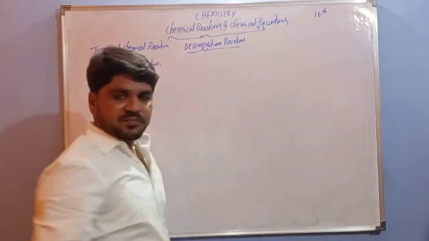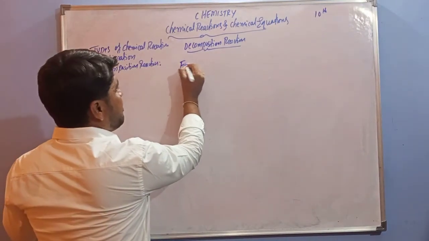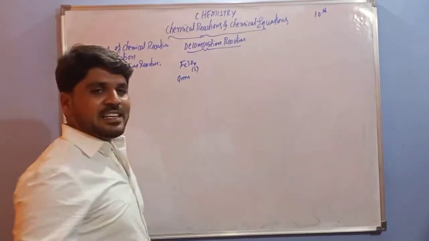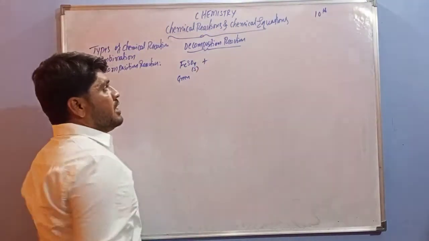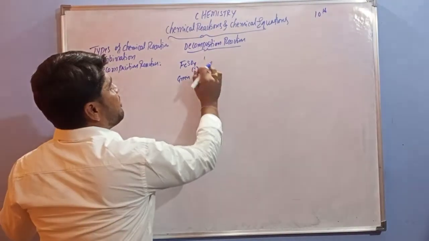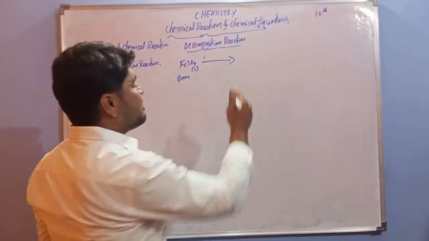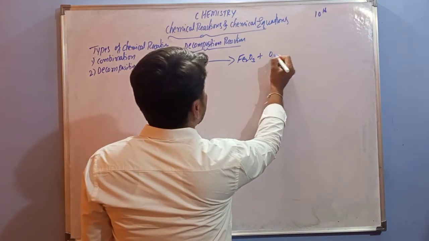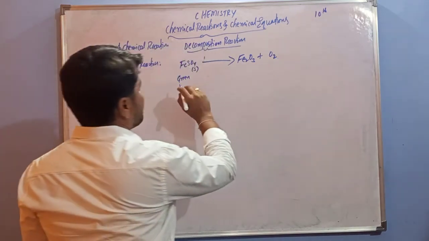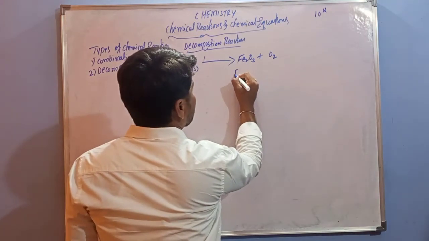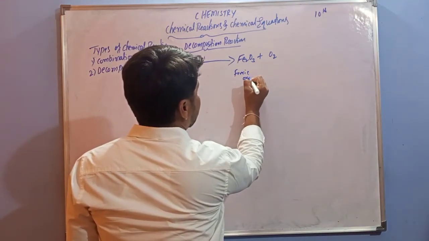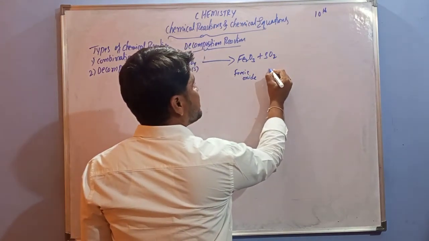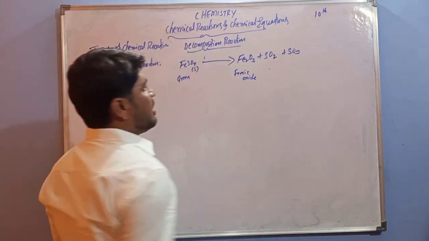So we have one activity. Take FeSO4, ferrous sulfate, which is in green colored crystals. Take it in a test tube and heat that test tube. This ferrous sulfate is decomposed into ferric oxide, Fe2O3, plus SO2, sulfur dioxide, and SO3, sulfur trioxide.